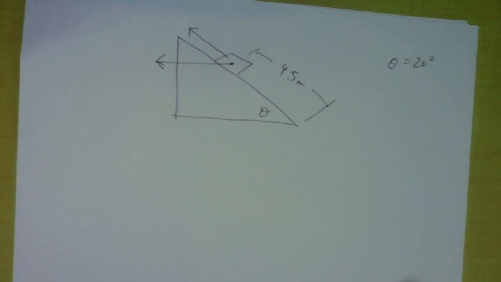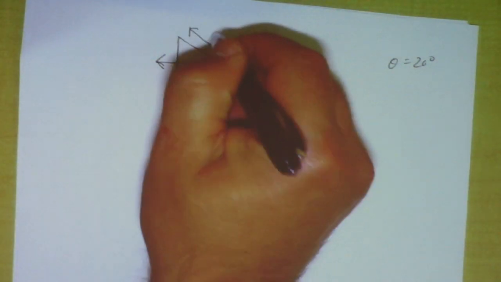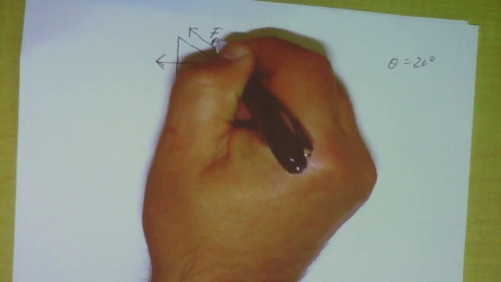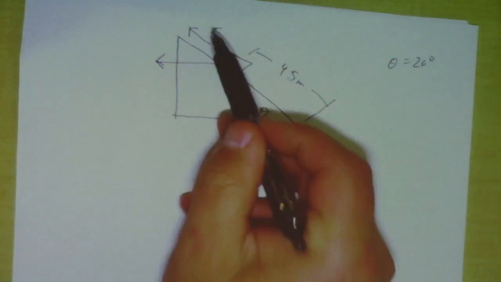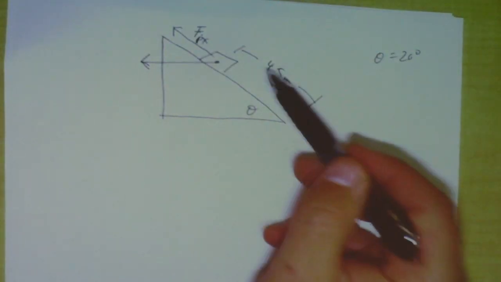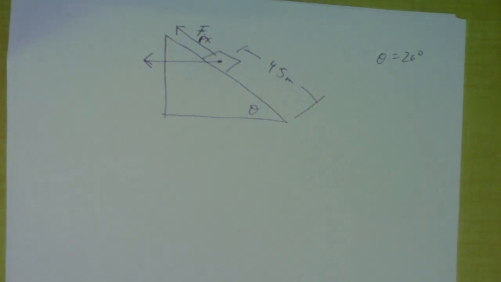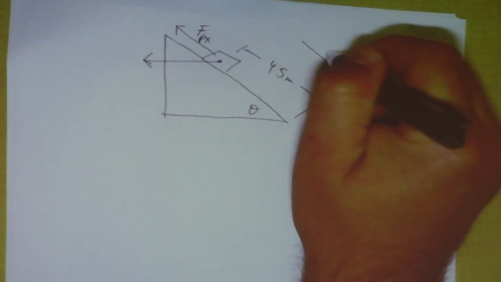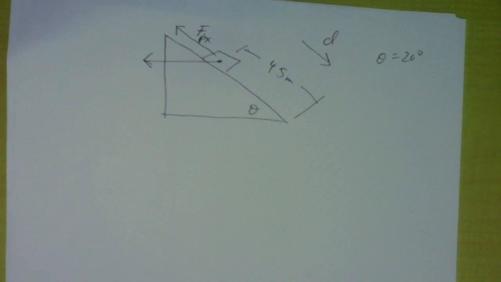So if we could figure out Paige's force in what I'll call the x direction, multiply it by 4.5 meters, and don't forget the minus sign because the crate is actually moving this way, we could figure out the work done by Paige. Let me write this.